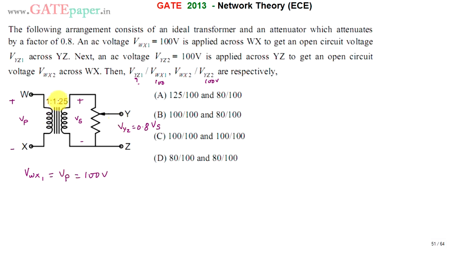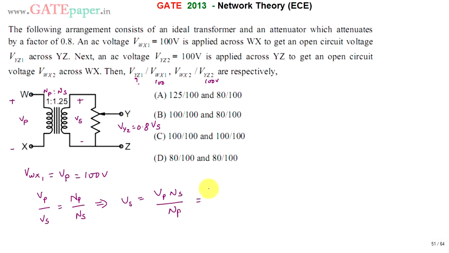then this is the turns ratio 1:1.25, primary turns to secondary turns. We know the relationship: V primary by V secondary is equal to N primary divided by N secondary. From this we get Vs equal to VP into Ns divided by Np.